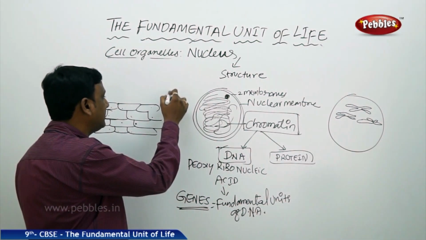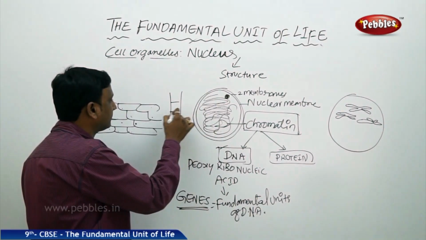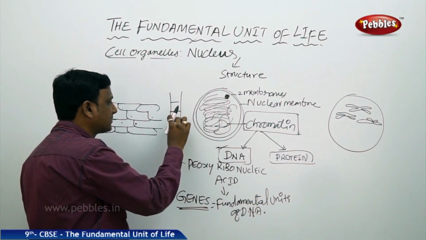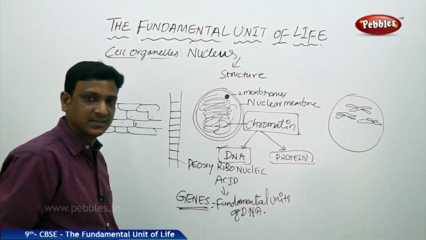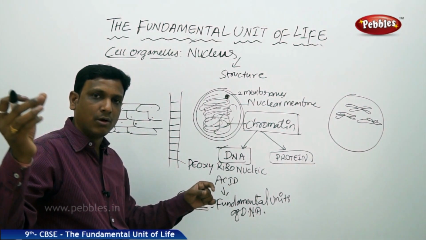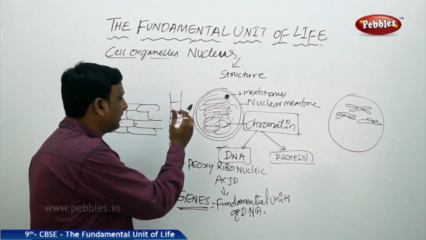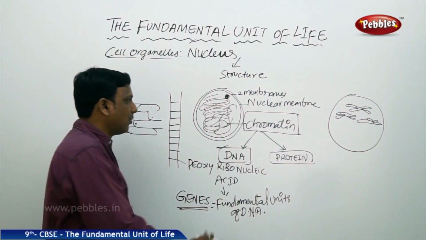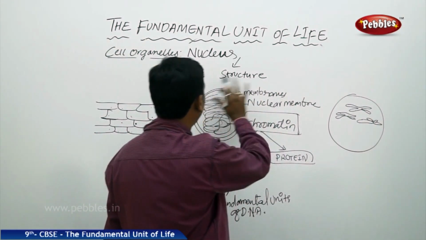Just imagine the DNA is a ladder. All these parts of the ladder are genes. Our genes pile up, attach to one another, and make a long helical thread-like structure called DNA. So this is the structural part of the nucleus.